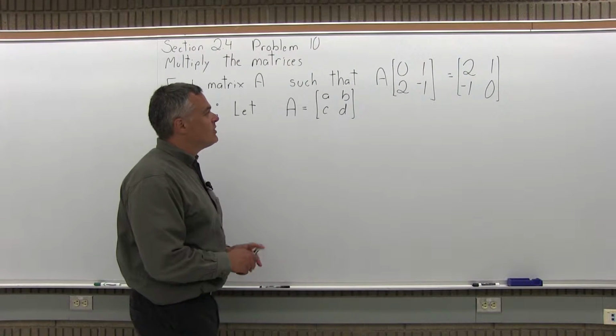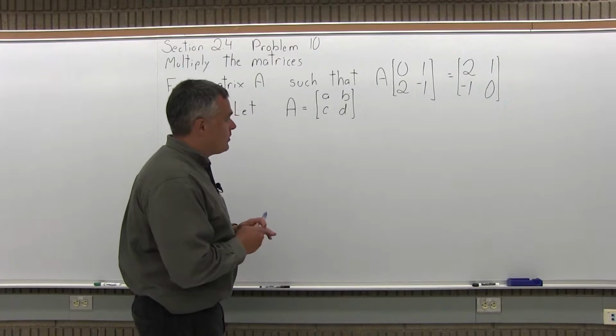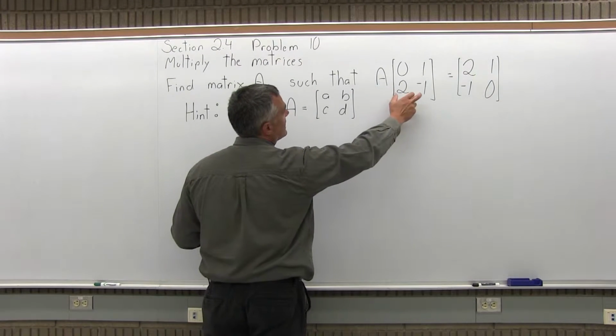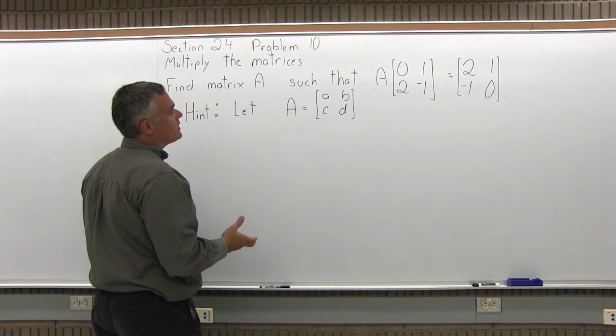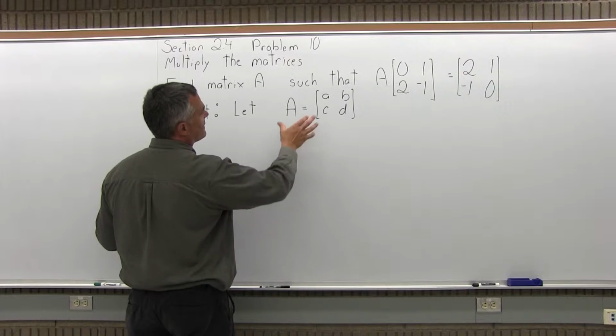So let's start off rewriting this problem where it's written A times matrix 0, 1 in the top, 2, negative 1 in the bottom. Let's write that matrix A in the format that the hint is given.